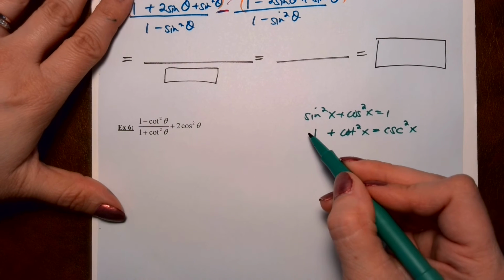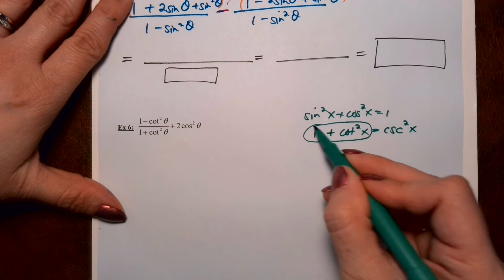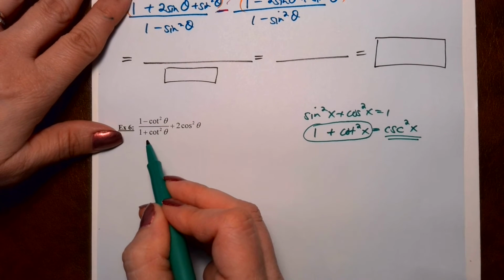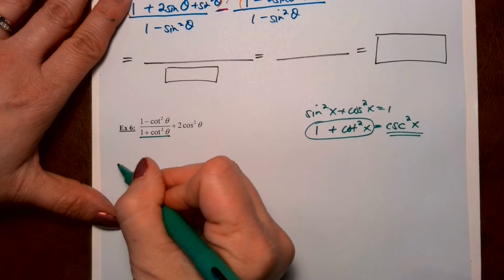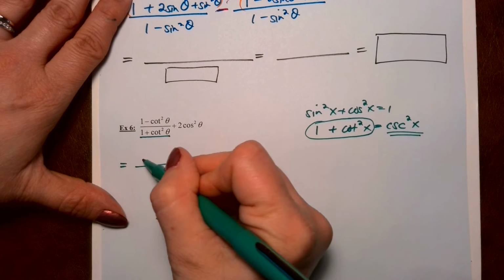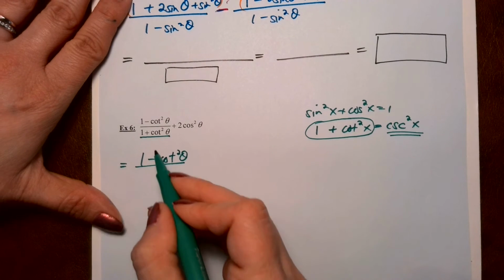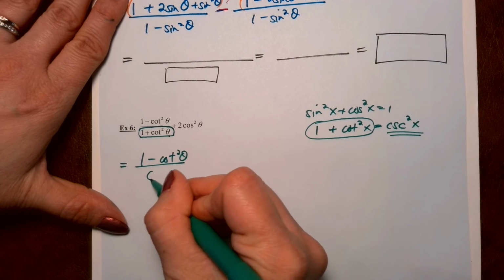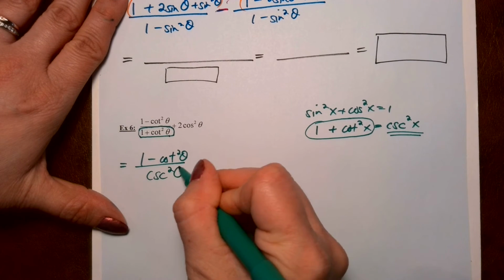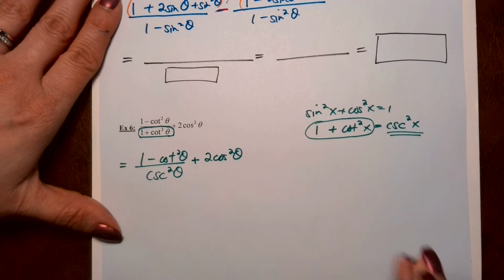So I'm noticing 1 plus cotangent squared can be replaced. Why don't we replace this denominator right here? So in the numerator, we have 1 minus cotangent squared, and the denominator is getting replaced with cosecant squared of theta, plus 2 cosine squared.